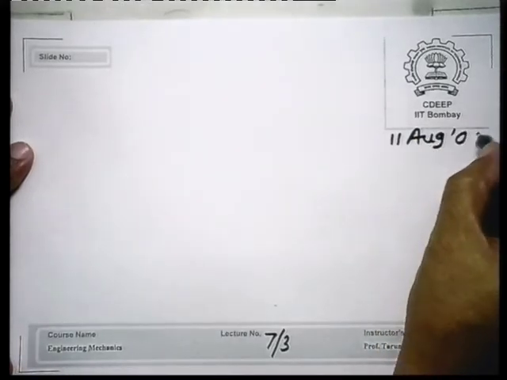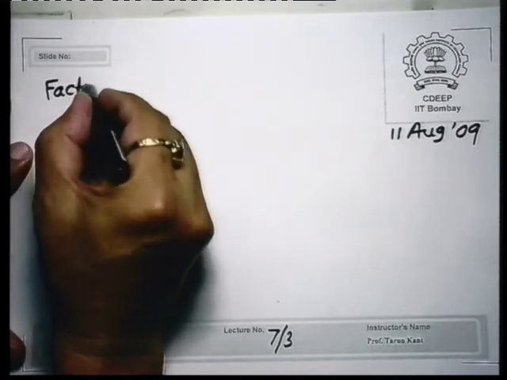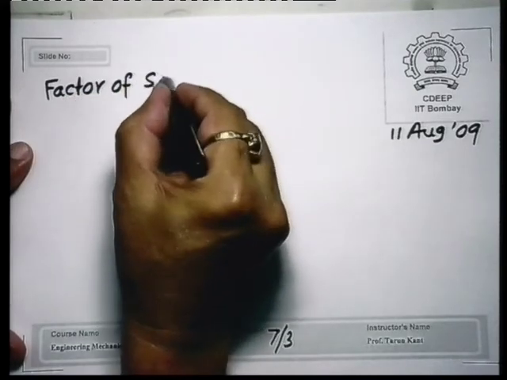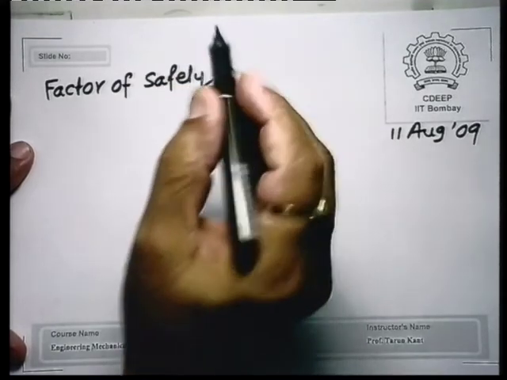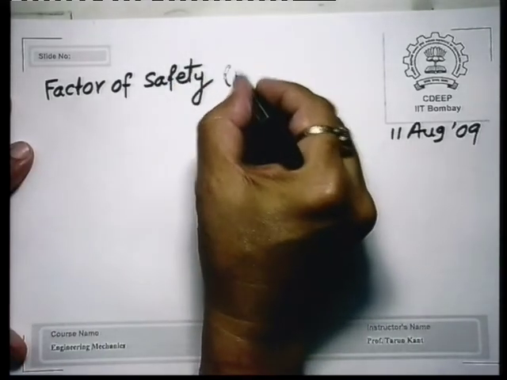So, today is 11th August. Factor of safety, FOS.